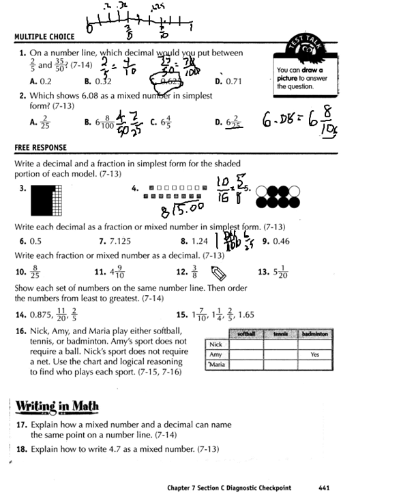All right, write each fraction or mixed number as a decimal. Okay, in order to do this one, we have to convert it to an improper fraction. 10 times 4 plus 9.